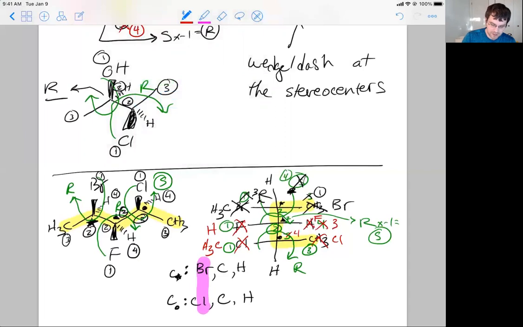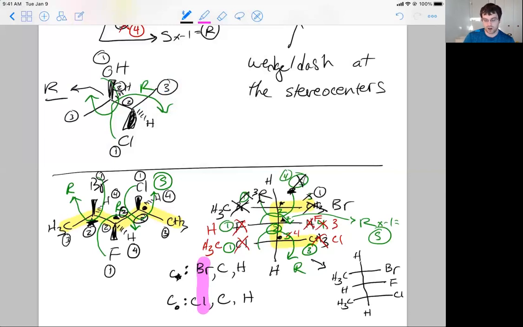Okay, so the correct answer, and by that I mean an answer where the connectivity and the RS assignment match both, is one where, in this depiction, I have the halogens, the Br, the F, and the Cl all on the right of my Fischer projections, the hydrogens on top and bottom, the methyl groups on the left, and in the middle we have a hydrogen pointing on the left.